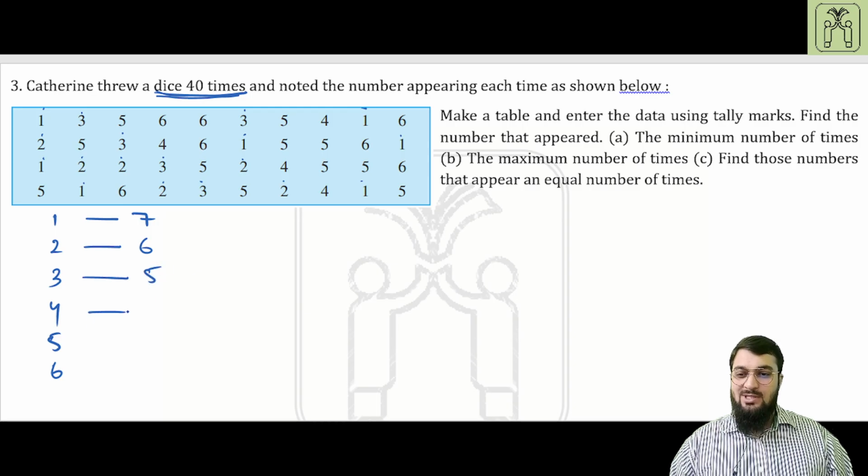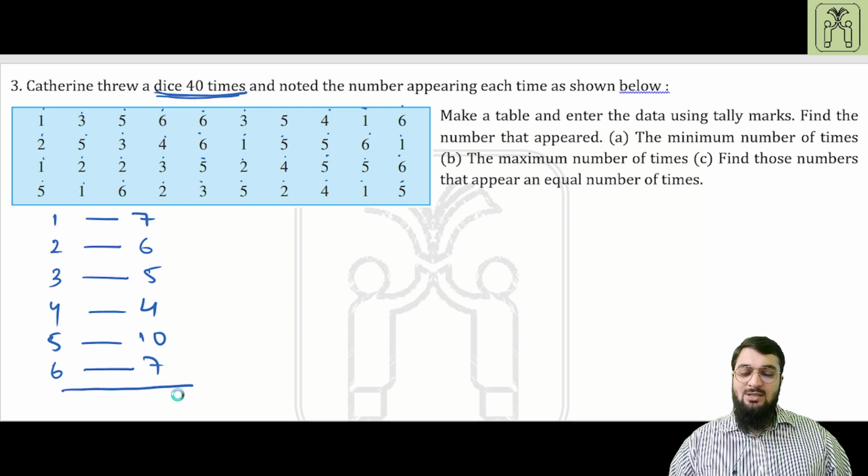That is 5 times. 4 is 1, 2, 3, 4. That is 4 times, equal to its value. 5 is 1, 2, 3, 4, 5, 6, 7, 8, 9, and 10. That is 10 times. And 6 is 1, 2, 3, 4, 5, 6, 7, and 7 times.